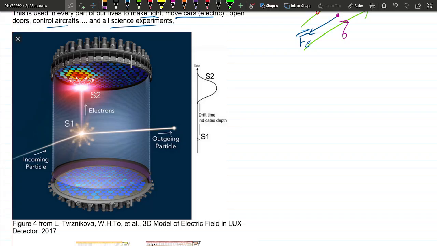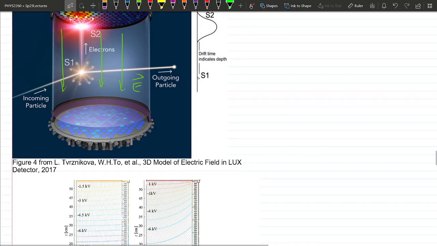When you crash two atoms together, the electrons come flying out. The experiment is based on applying an electric field downward, so when that crash happens, you accelerate all the electrons upward, and you can detect them at the top of the detector. That's very useful in physics experiments.